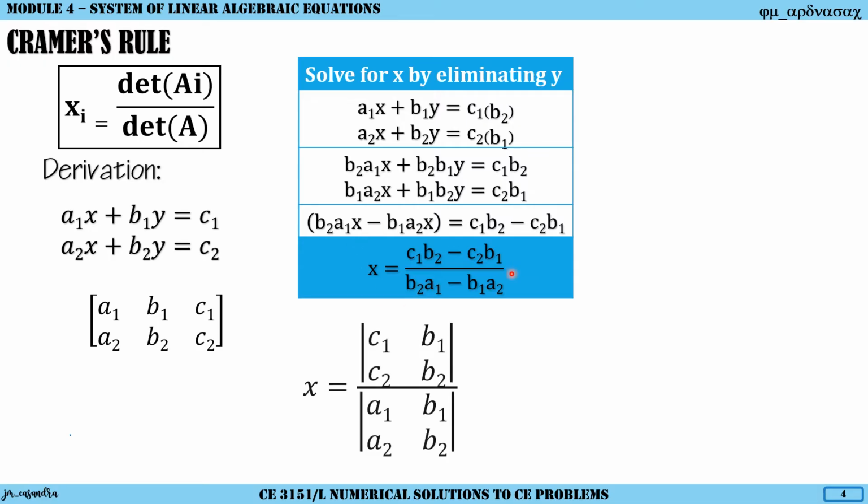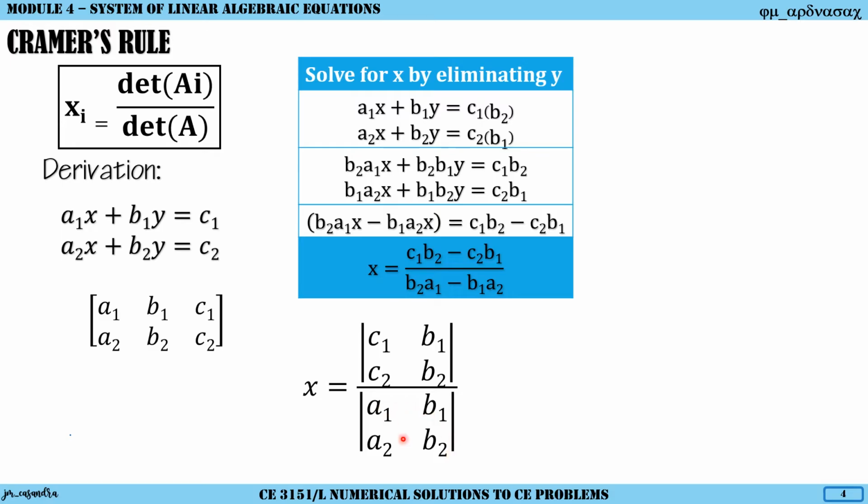So from this equation, we can now write this in matrix form wherein c1, c2 is our first column for the numerator. Then we have b1, b2. Then for the denominator, we have a1, a2, b1, b2 as the columns.